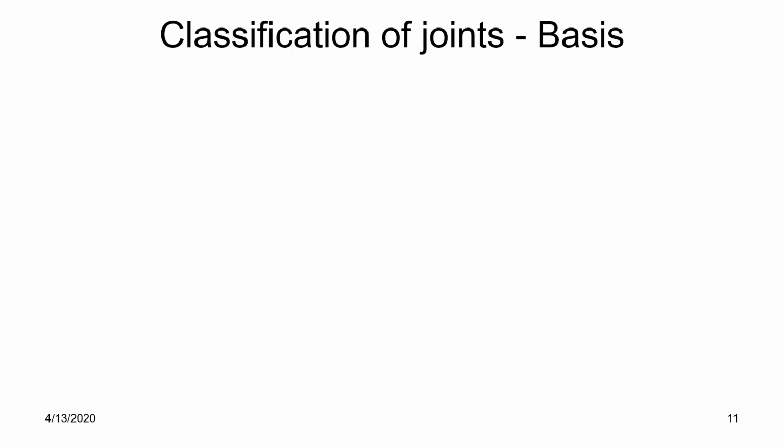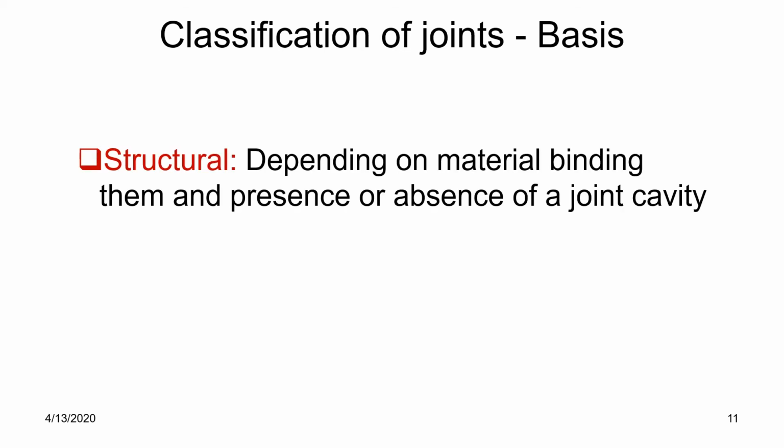Now let us come to the classification of joints and what is the basis for the classification of joints. Joints can be classified based on their structure, that is, depending on the material that is binding the articular surfaces and the presence or absence of a joint cavity.